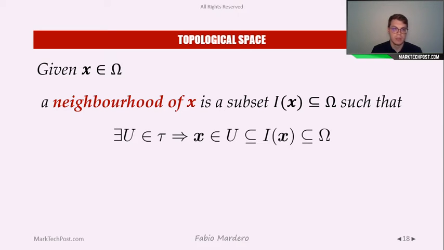So let's take an element x of omega. For example, it could be a banana from before, and we define a neighborhood of x as a subset I of x, which is a subset of omega, such that if we are able to find a u, which is a subset that still lies in tau, then the subset I of x is a neighborhood of x if x is in u, which stays in I of x, which of course, as before, stays inside omega.